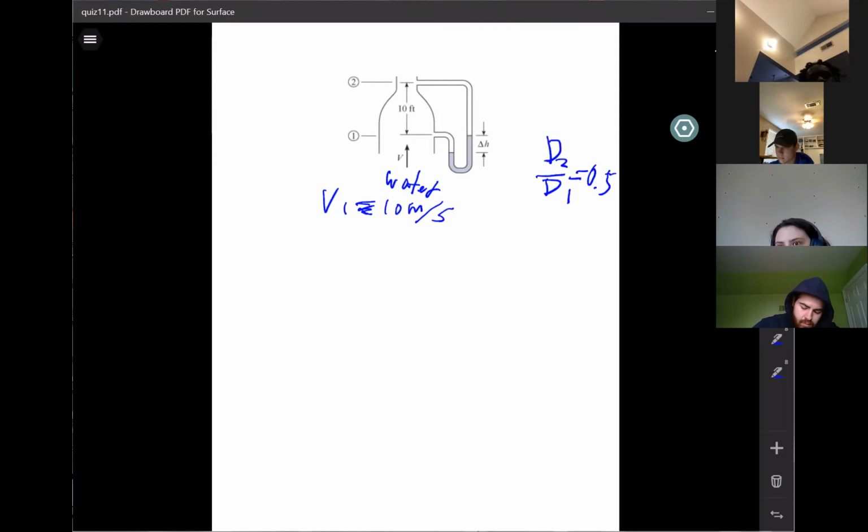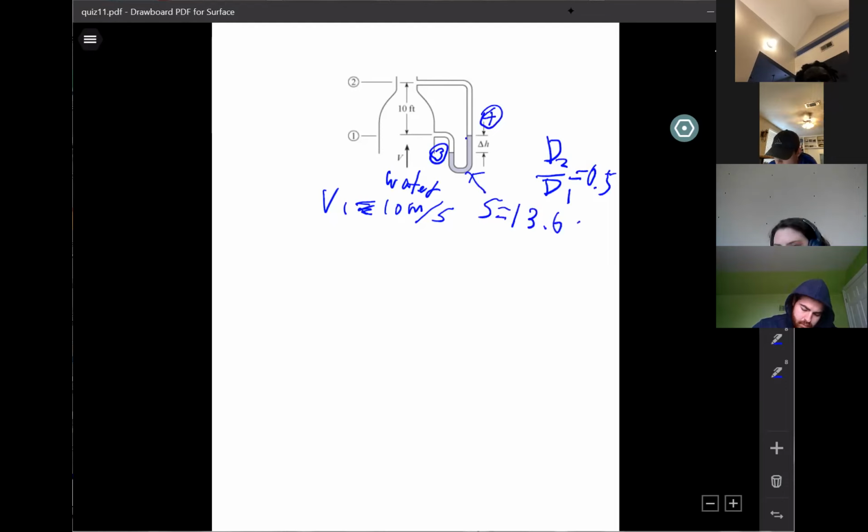I want you, in your paper, to draw this location 3 and 4, just like we did the last time. It's a mercury manometer, S equals 13.6.